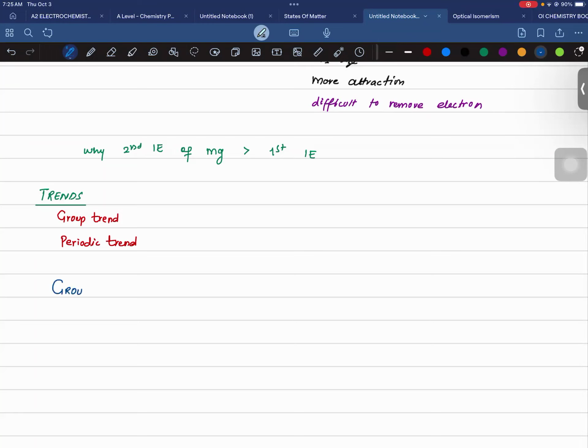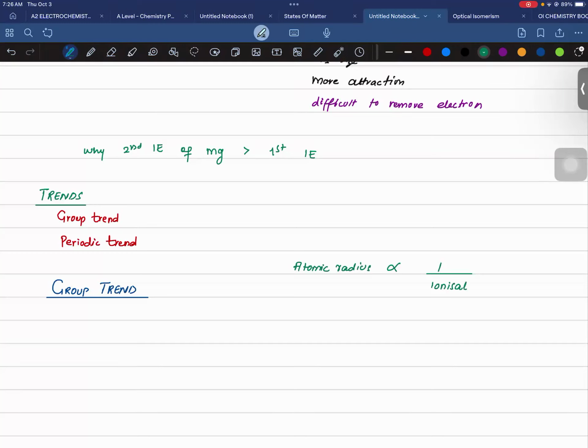First of all, tell me the size, because the size is inversely proportional to the ionization energy. Always remember, when you are going to discuss the ionization energy, you must know the size. The radius, or the size, is inversely proportional to the ionization energy.